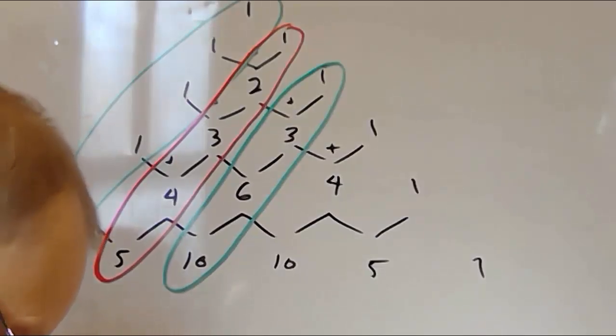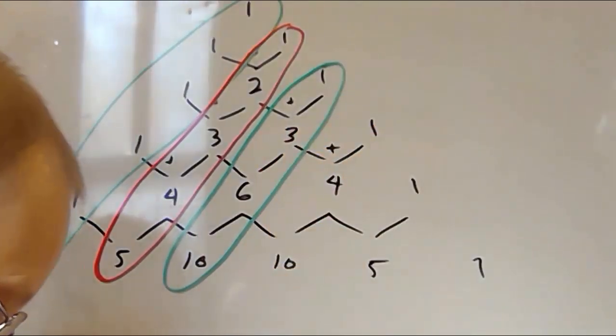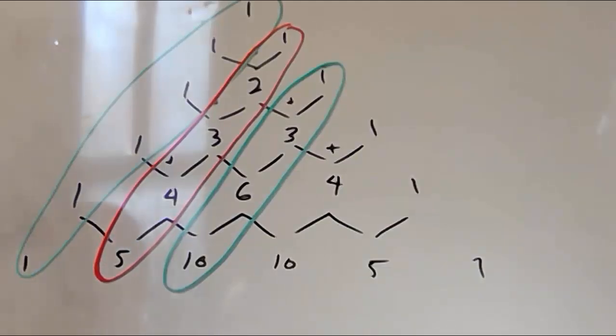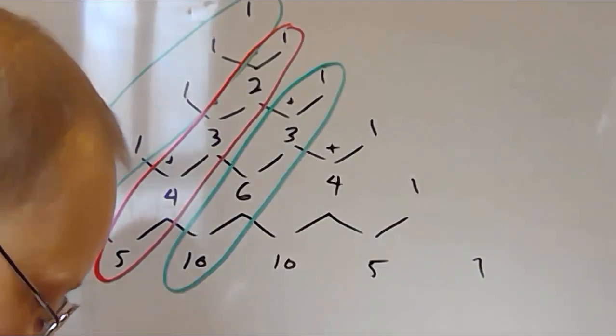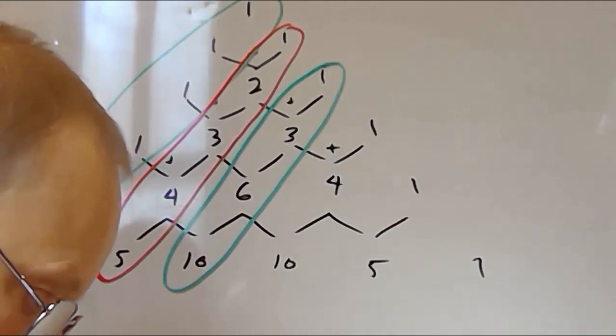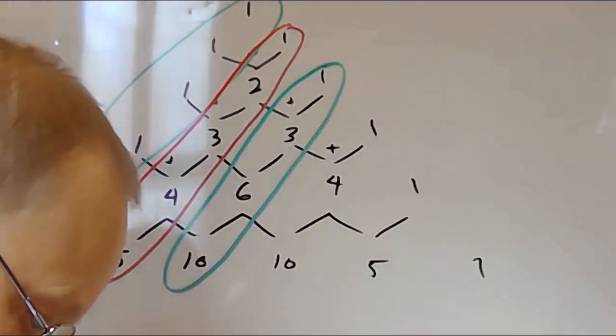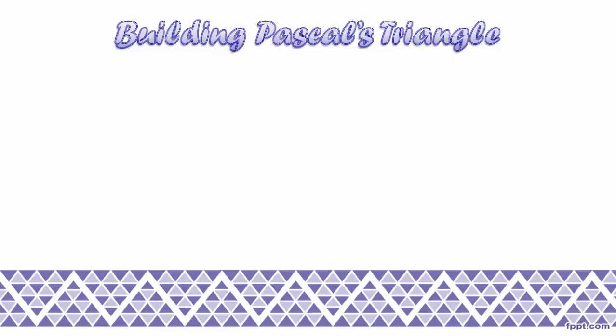So then we could have also the Fibonacci sequence. It is a little bit more work to figure out. You can look at the PowerPoint where it goes into a little bit more detail on how to find the Fibonacci sequence and the square numbers by using Pascal's triangle.